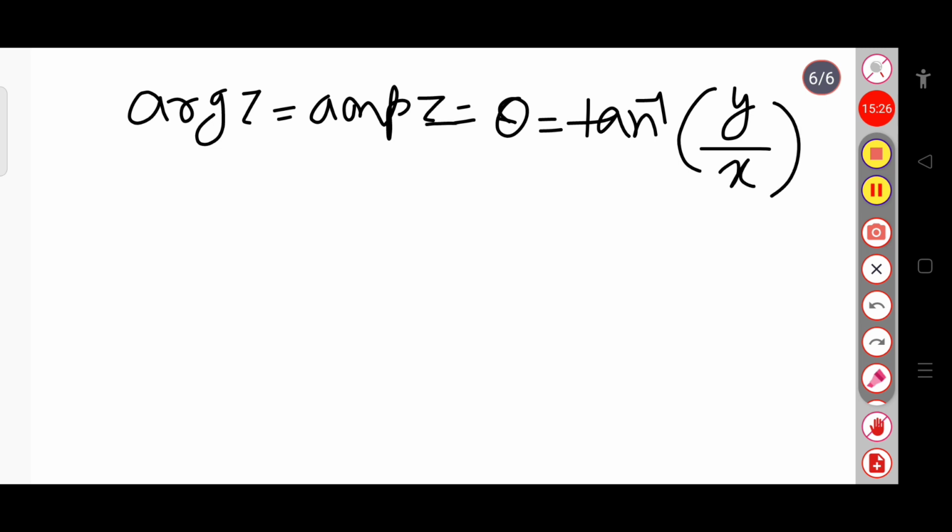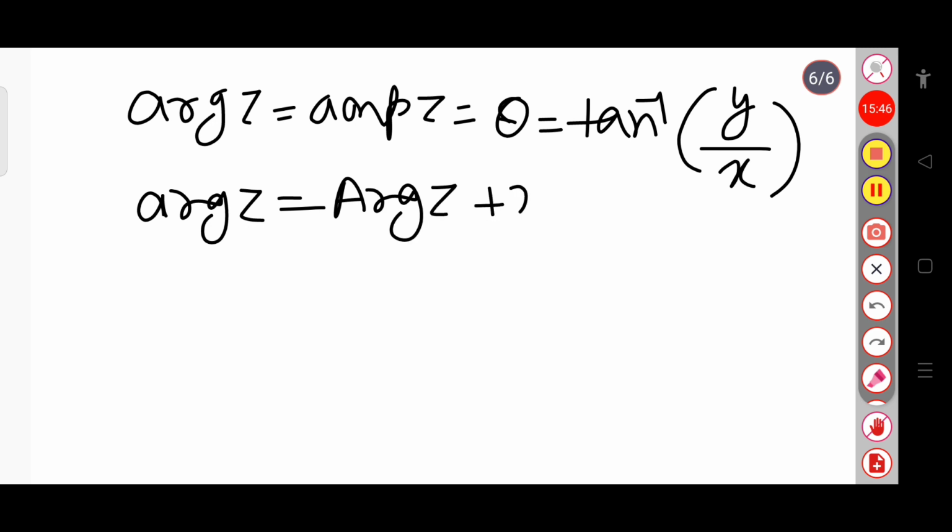Since the small argument of z is a multi-valued function, we can write the argument of z as the capital argument of z plus 2n pi, where n equals 0, plus or minus 1, plus or minus 2 and so on.